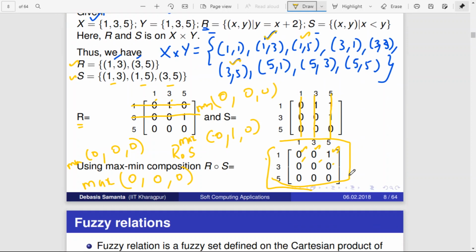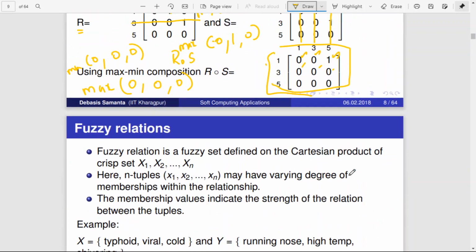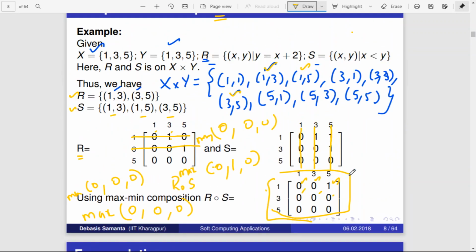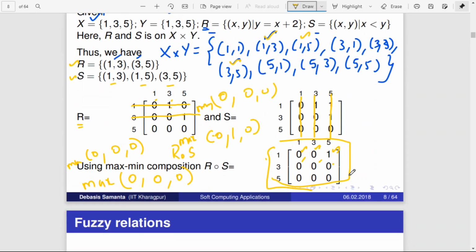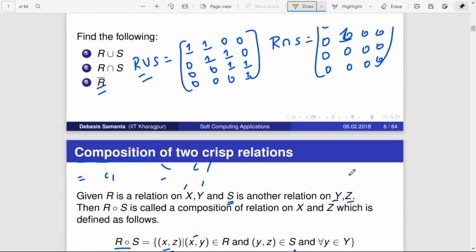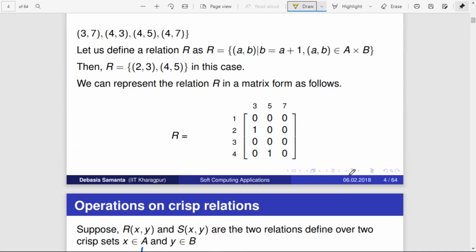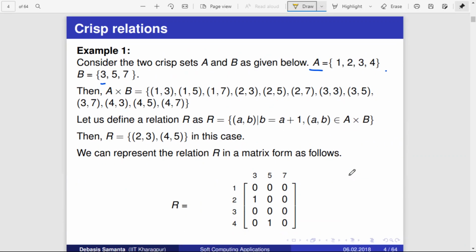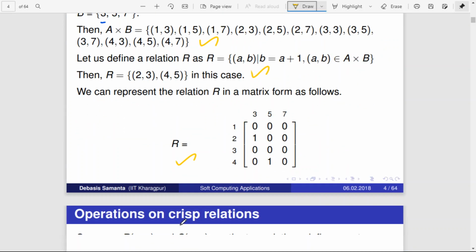Okay. Fine. So so far we have discussed all these things with crisp sets. Now let us discuss all these things with fuzzy sets. What we have discussed: first, given two crisp sets, how to find the Cartesian product, then from a Cartesian product how to define a relation, and then how to represent the relation through a matrix.